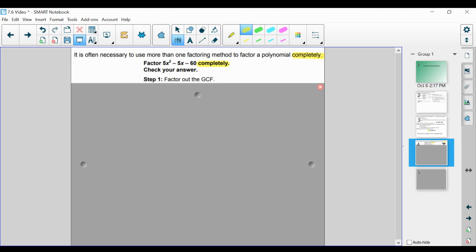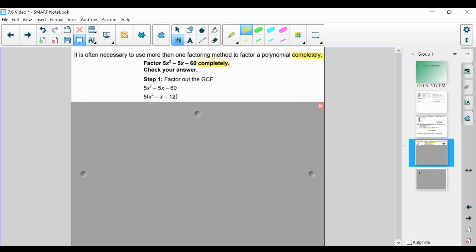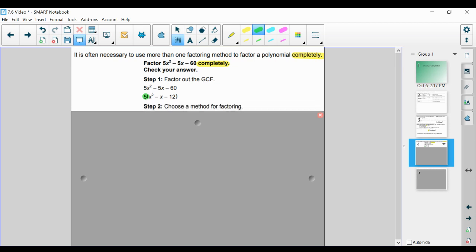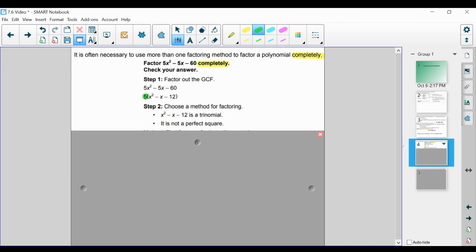Well, we're going to see if we can factor out the greatest common factor, and we definitely can. We can factor out 5. 5 is going to be our greatest common factor. So we end up with 5 times x squared minus x minus 12. And now you're going to just factor x squared minus x minus 12, again, doing whatever method you want to.